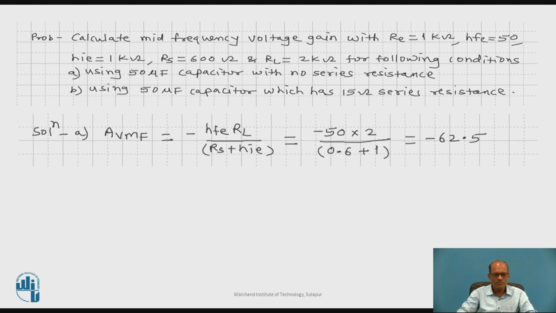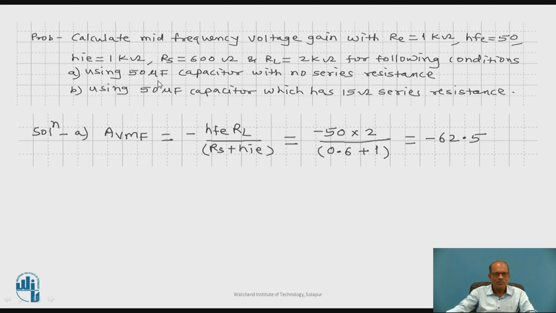Now solution. Part A, the mid frequency voltage gain for that common emitter amplifier is given by AVMF equals minus hfe RL upon RS plus hie. Substitute the values. So minus hfe is 50, RL is 2 kilo ohm, upon RS plus hie.